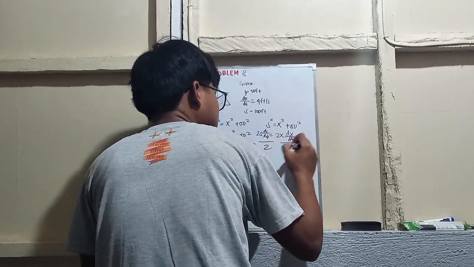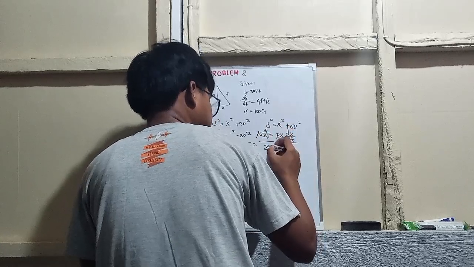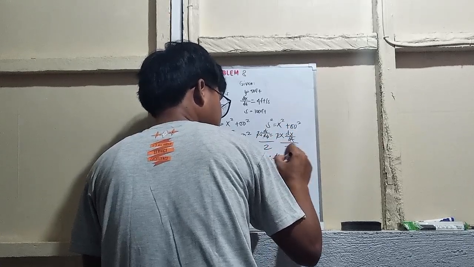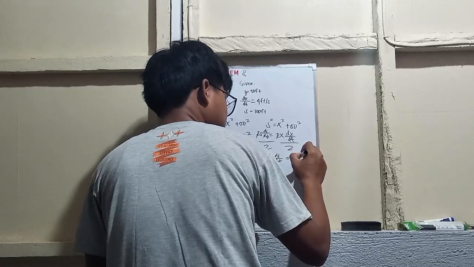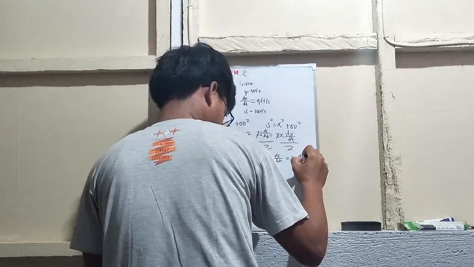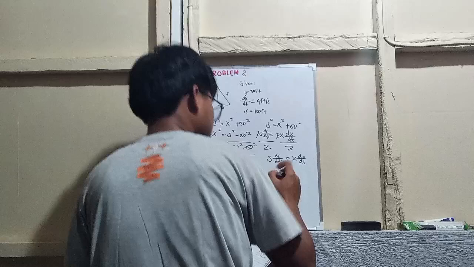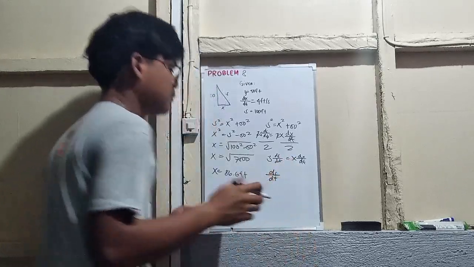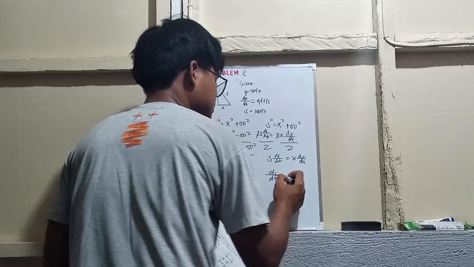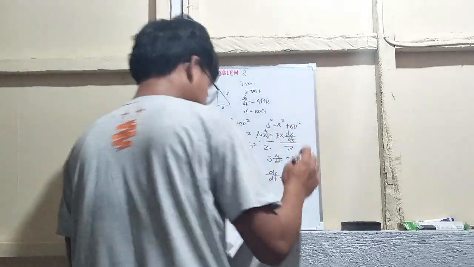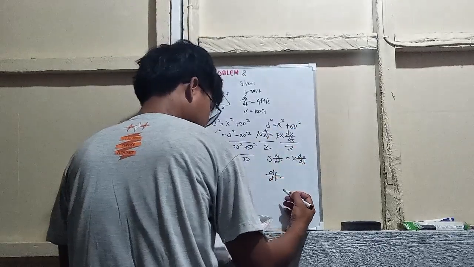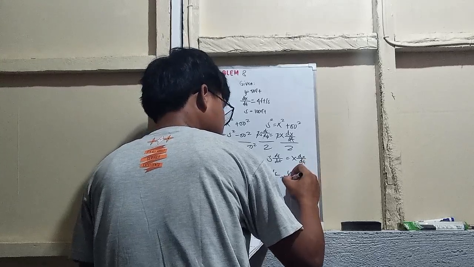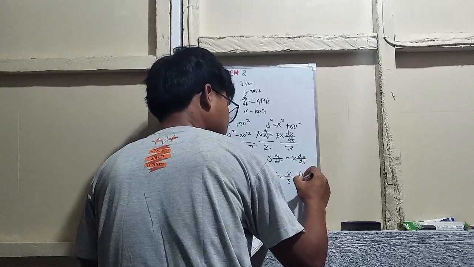Divide both sides by 2 so that will cancel. Since we are looking for ds over dt, we'll transpose the s to the other side so that we can find the value. So ds over dt is x over s dx over dt.